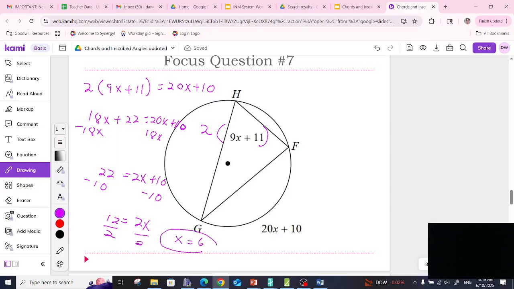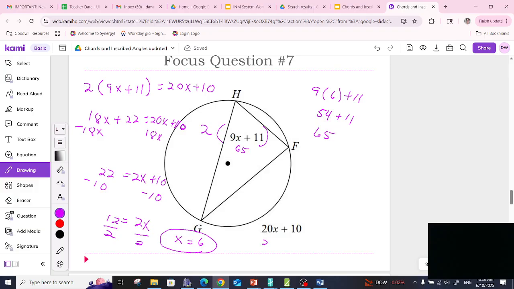And if I have 6, I could substitute in to find the inscribed angle. What's 9 times 6 plus 11? That would be 54 plus 11, which is 65.